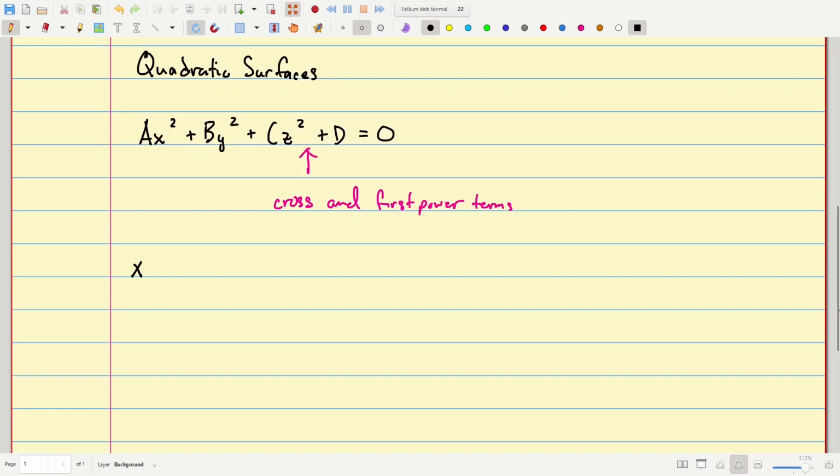So if we write out this equation, this is the equation of a quadratic surface. We have x squared plus y squared over 9 plus z squared over 4 equals 1.